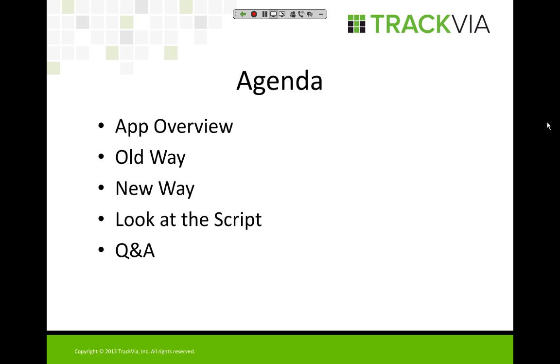We'll then walk through the workflow for adding a parent record and adding child records, the old way, if you will. So what you had to do before application scripts was released. And then we'll do the same workflow, but with the app script enabled. So hopefully you'll see the difference and how much time and effort it can save you in the long run.